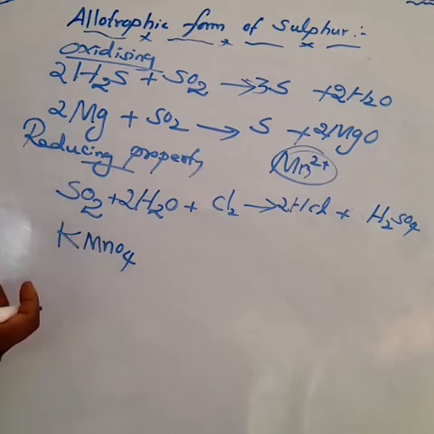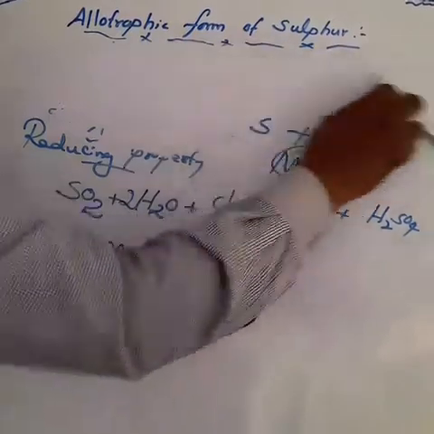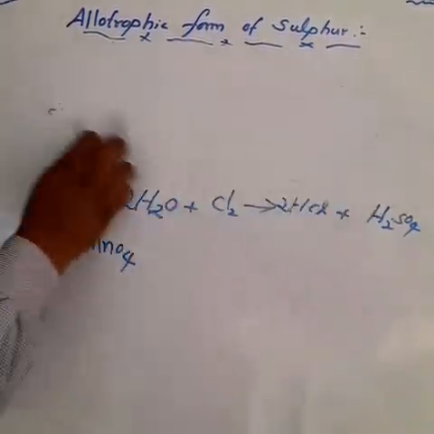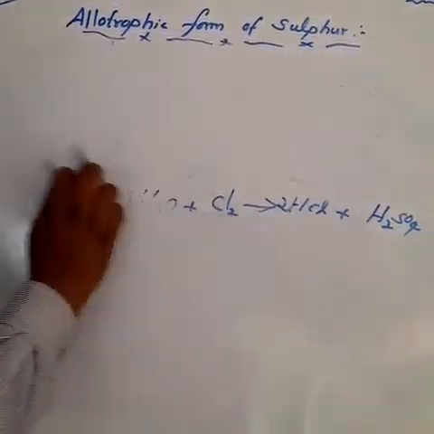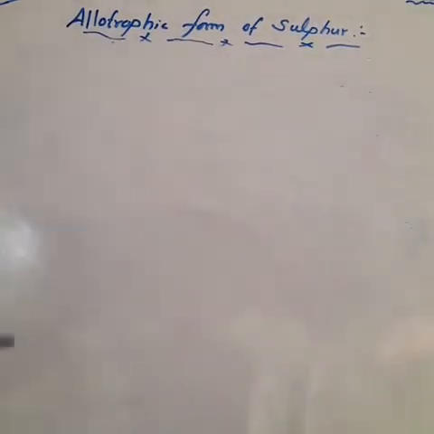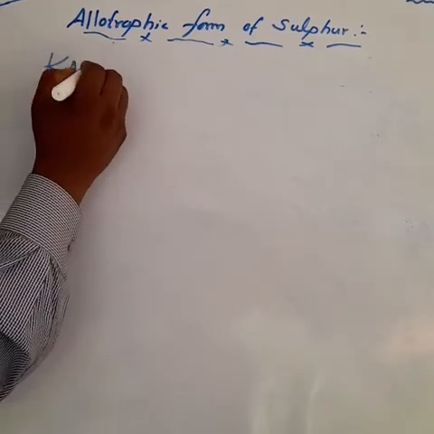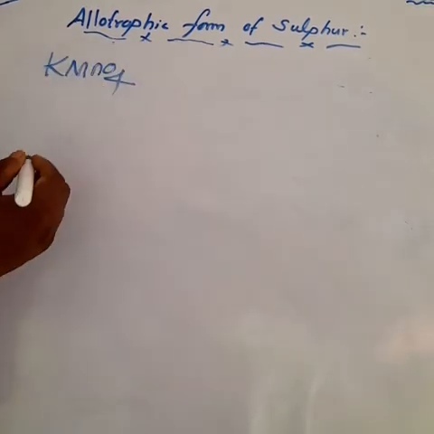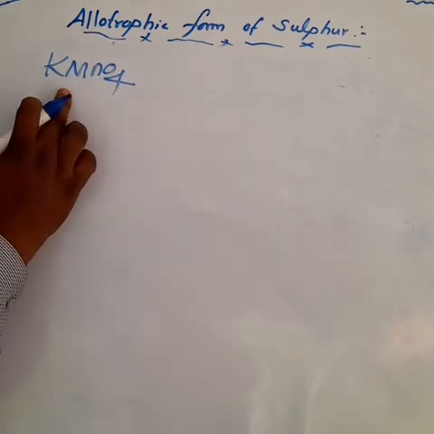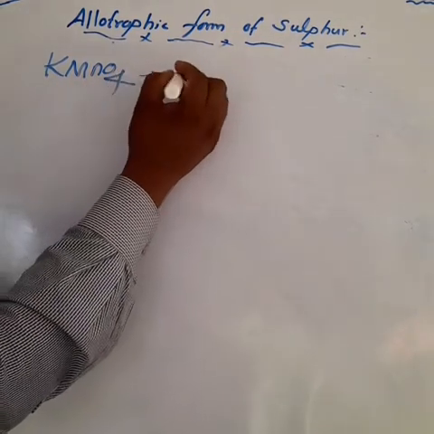Sulfur dioxide also reduces potassium dichromate. Potassium dichromate formula K2Cr2O7, into chromic sulfate, Cr2(SO4)3. You can write the equation. Potassium permanganate, KMnO4. What's the formula? KMnO4, potassium permanganate.